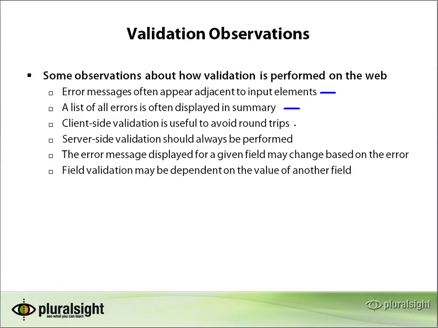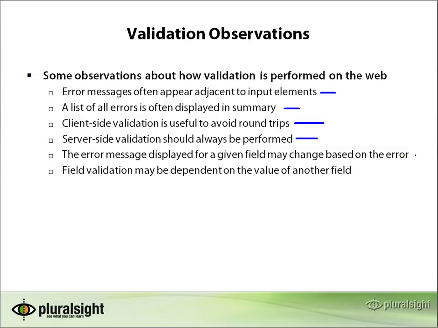Client-side validation is useful for avoiding round trips and making a better client experience, although not to be relied on exclusively for validation because of the potential for bypassing it. Server-side validation on any client input should always happen, regardless of what's happening on the client.